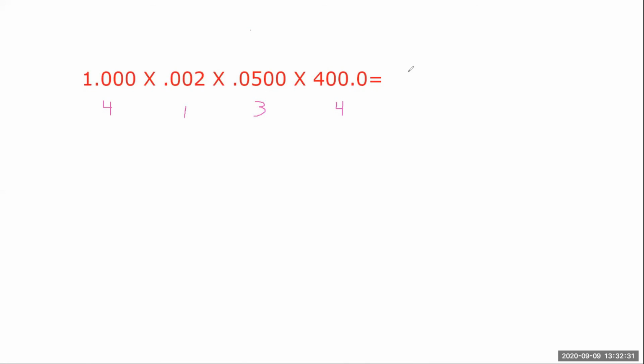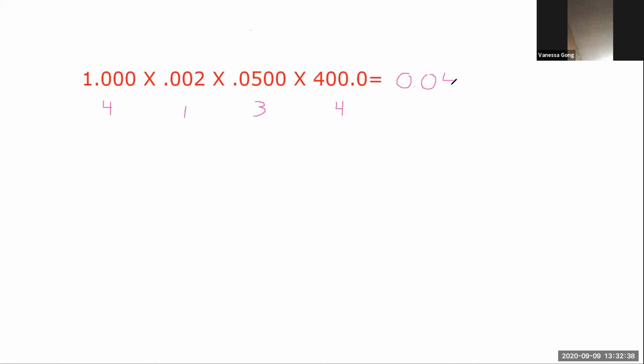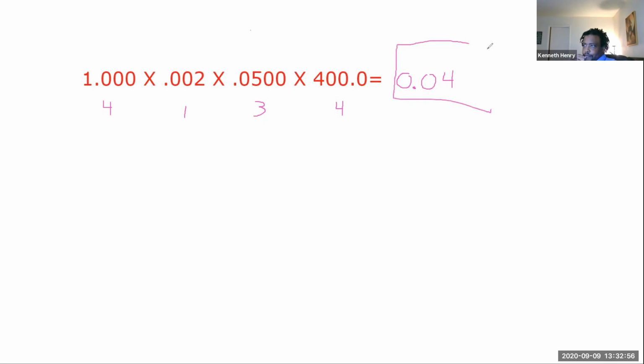So you get... How many sig figs should I have? Four? What is the smallest number? One. Oh, the smallest. 1. So this will be my answer. Piece of cake? Yeah. Okay, so let's try another.